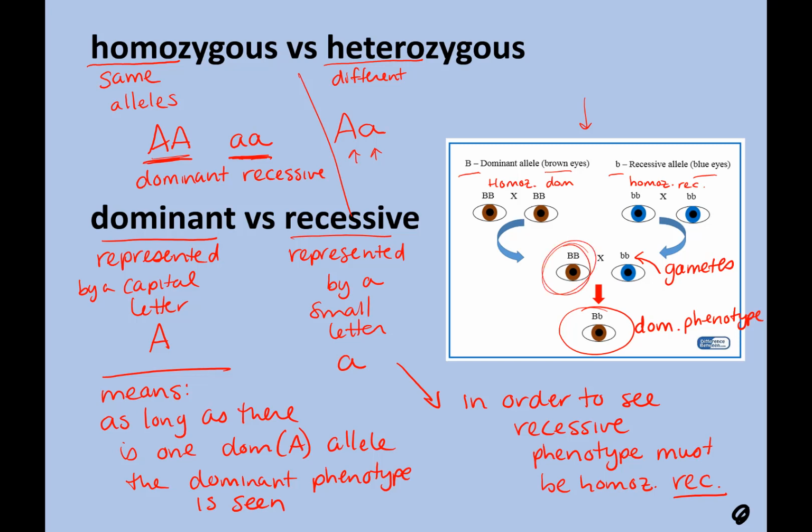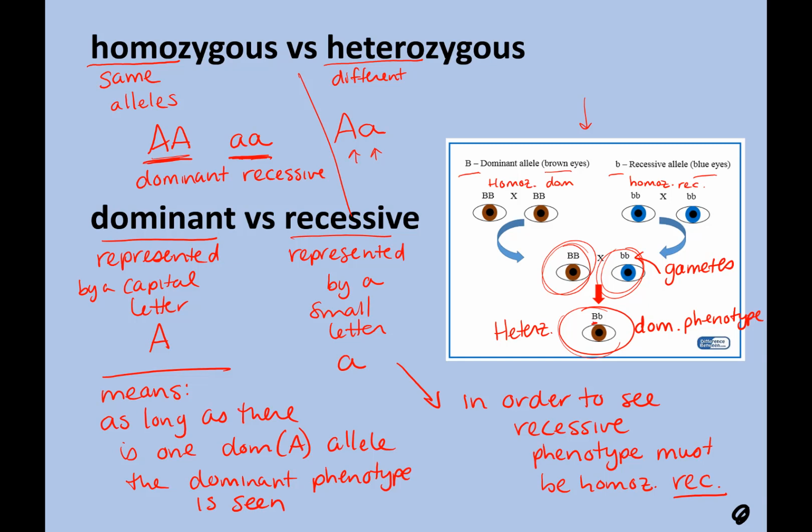This homozygous dominant parent and this homozygous recessive parent are all going to have heterozygous offspring, and with just one capital B, you get the dominant phenotype. So you can't see blue eyes unless someone is homozygous recessive for it.